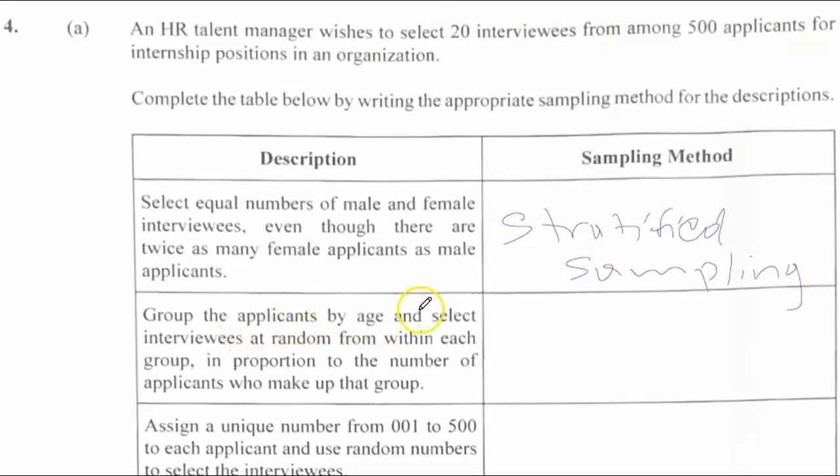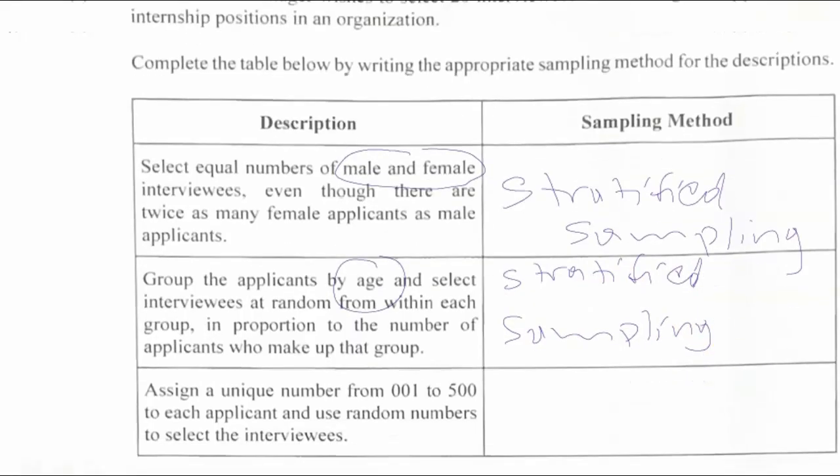Group the applicants by age and select interviewees at random from within each group in proportion to the number of applicants who make up that group. So again, earlier we were selecting by gender. Now we are selecting by age. That's also stratified. So we make sure all the age groups are represented. Stratified sampling. And the final one, assign a unit number from 1 to 500 to each applicant and use random numbers to select the interviewees. So this is what we call simple random sampling.